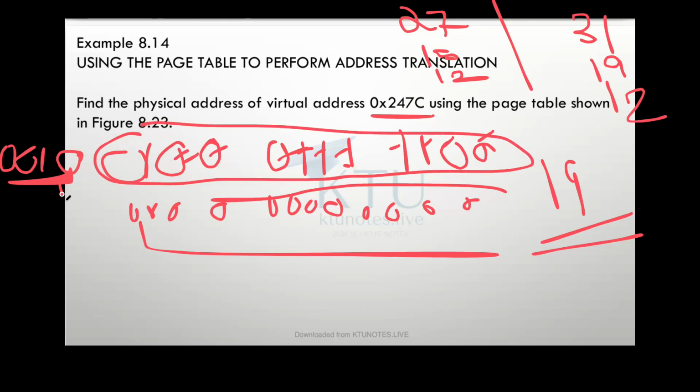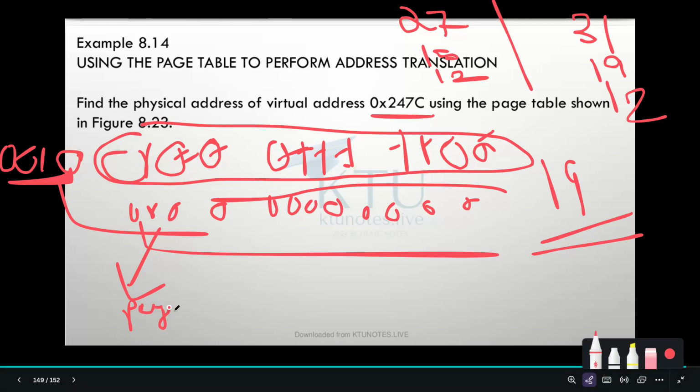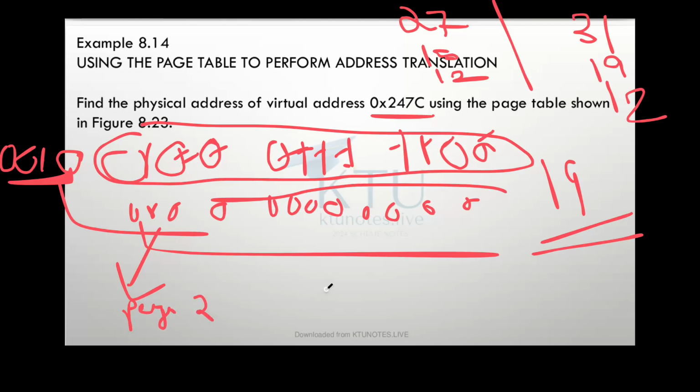Counting 1, 2, 3, up to 12, these 12 bits are my offset, and the rest of them are my VPN. This is page 2, right? 0, 1, 0, 0 and so on means page 2 itself. So I get VPN as 2.